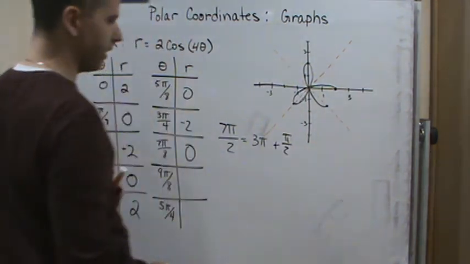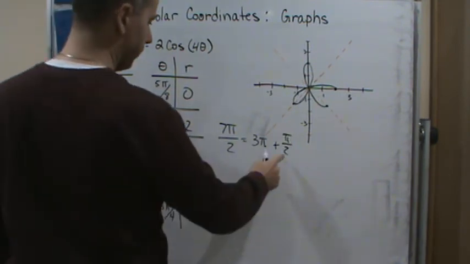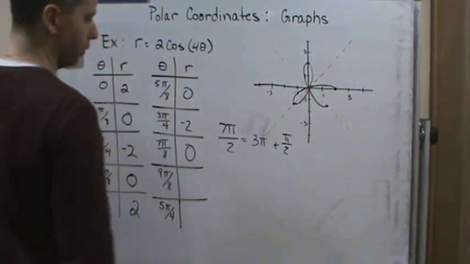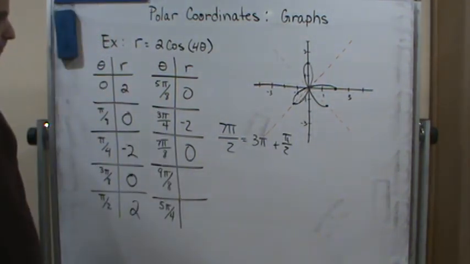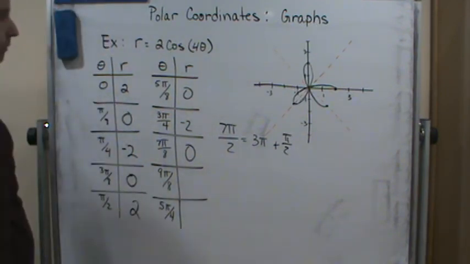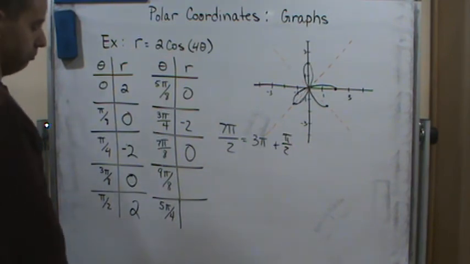That brings us to here, which is what? 0, right? So that brings us to 3 pi over 2, right? And so it's 0.